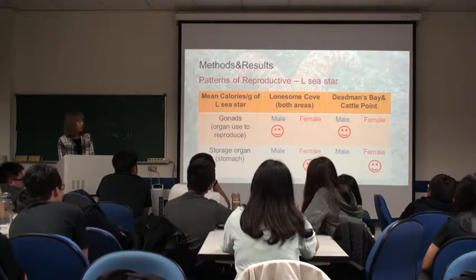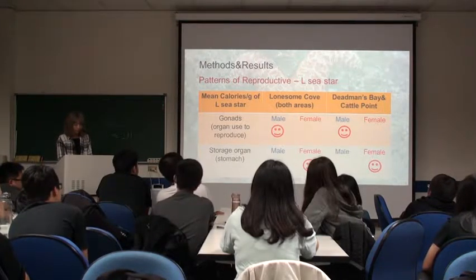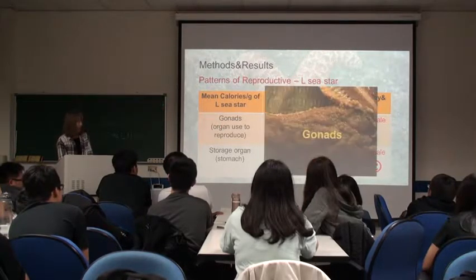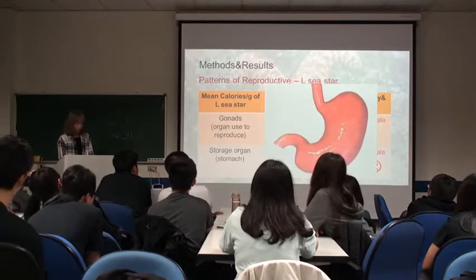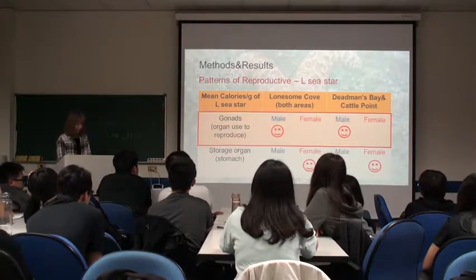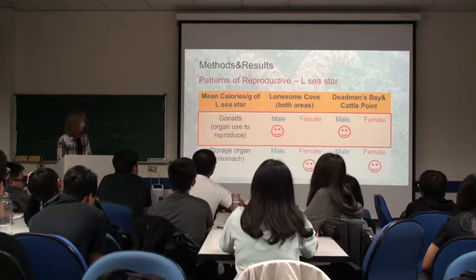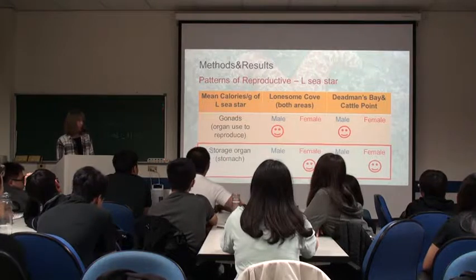Lawson Cove, Deadness Bay and Cottleton are the research place names. Gonad is the organ used to reproduce, like this. Storage organ means the stomach. We can see that in the gonad, male has more calories than the female. And in the storage organ, female has more calories than the male.